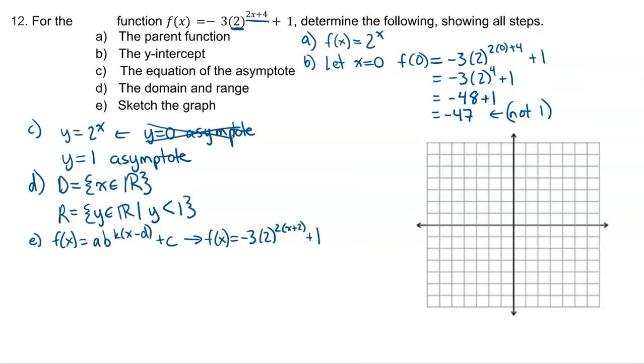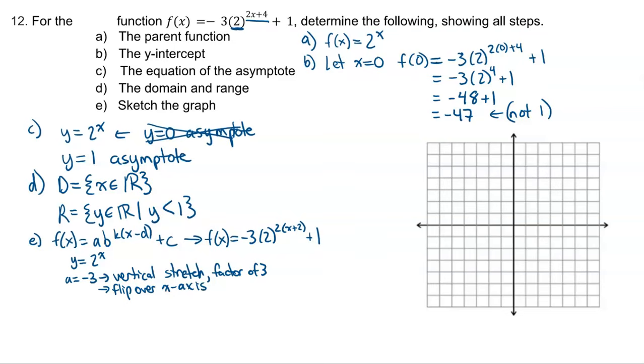And so I'm just going to rewrite that equation I had at the top with that k value factored out so that we can see that the d value is not 4 or negative 4. It's actually negative 2 here, as we'll discuss in a moment. The a value is negative 3, which is a vertical stretch factor of 3.